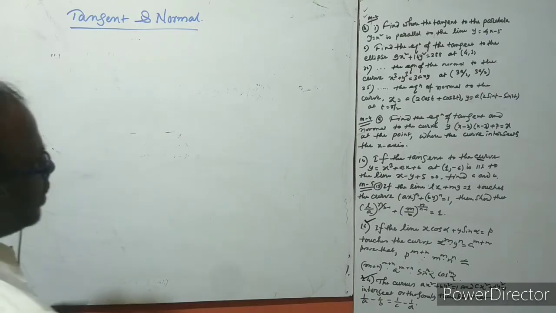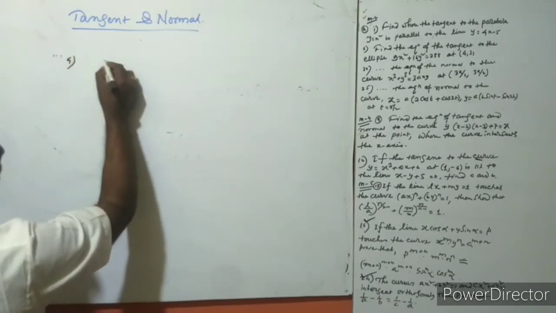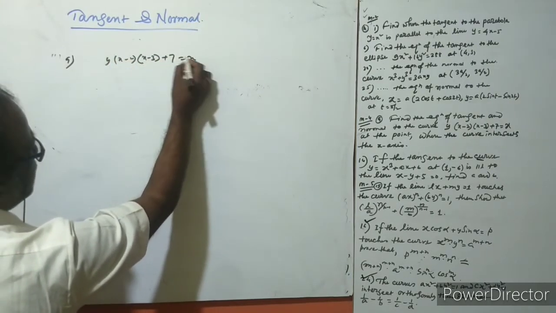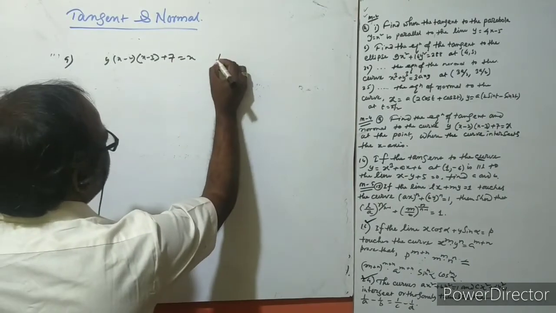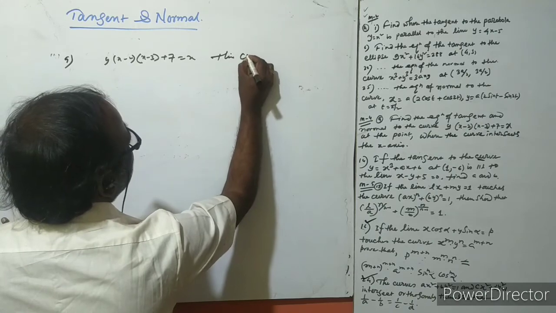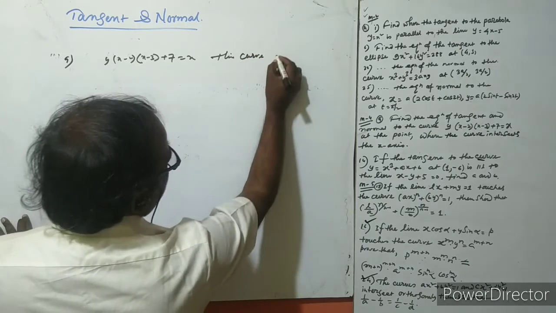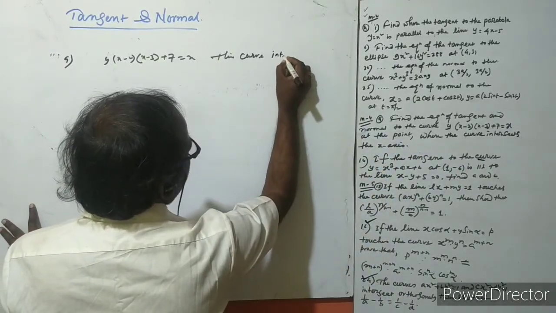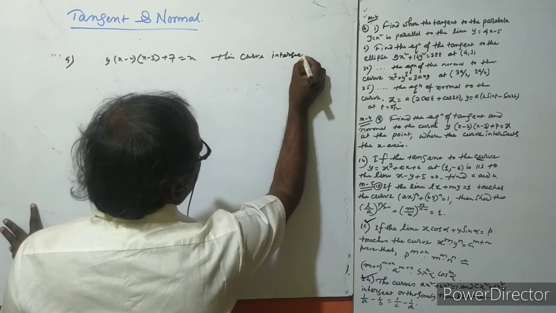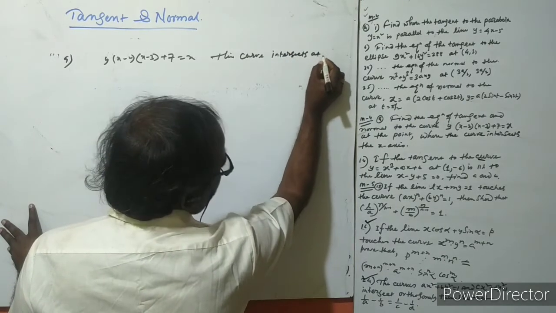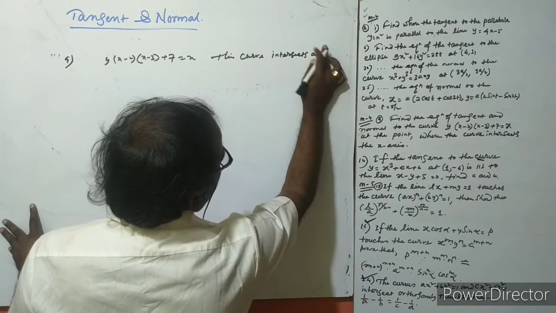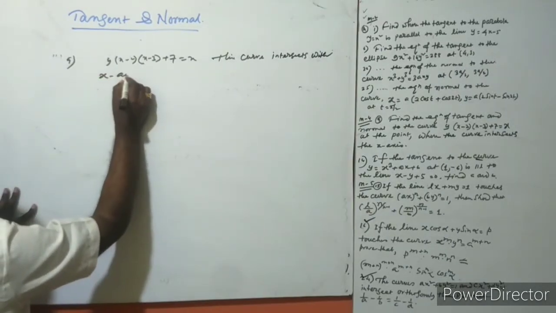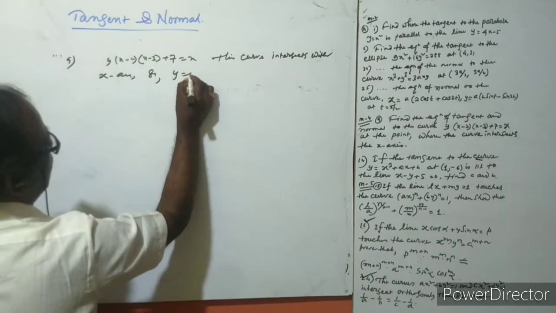So the curve is y(x minus 2)(x minus 3) plus 7 equal to x. This curve intersects the x-axis, so y equal to 0.